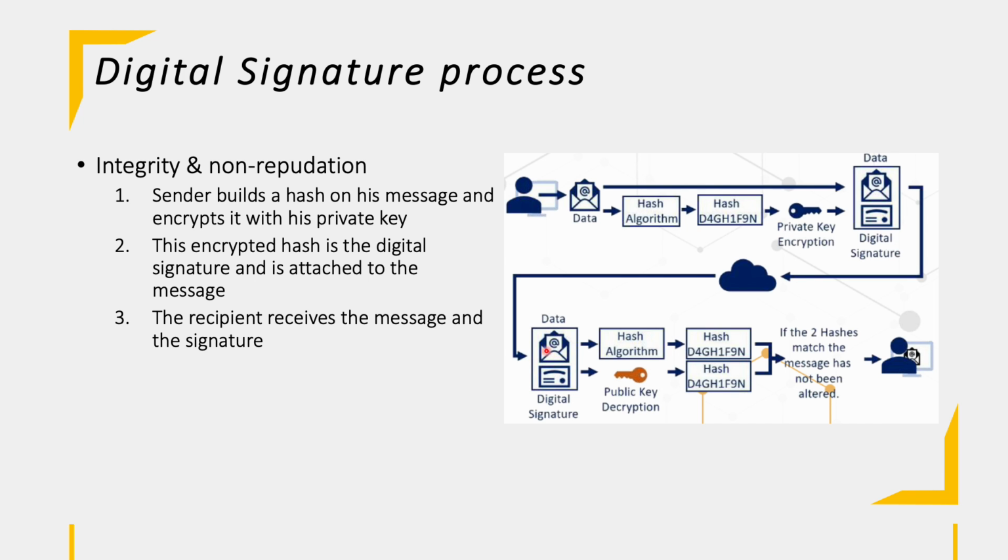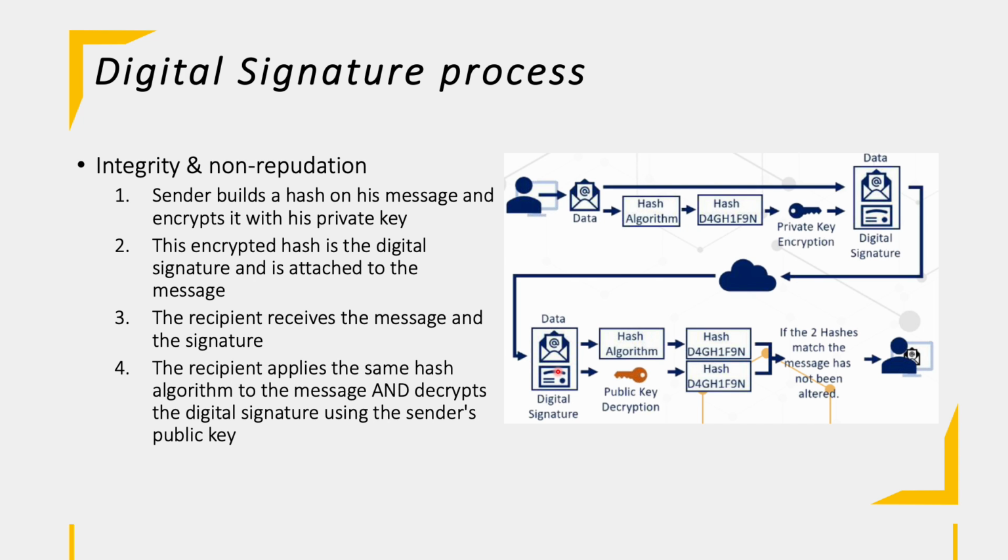It receives the data and the digital signature as a package, and the recipient applies the same hash algorithm to the message, and on the other hand decrypts the digital signature using the sender's public key.